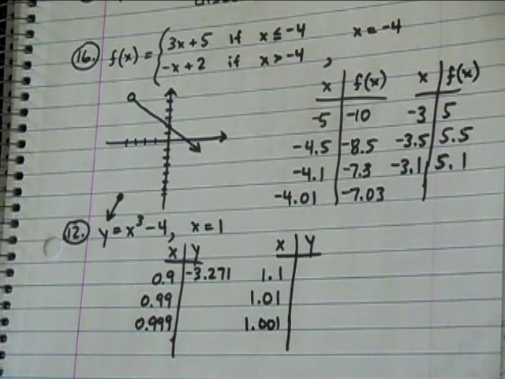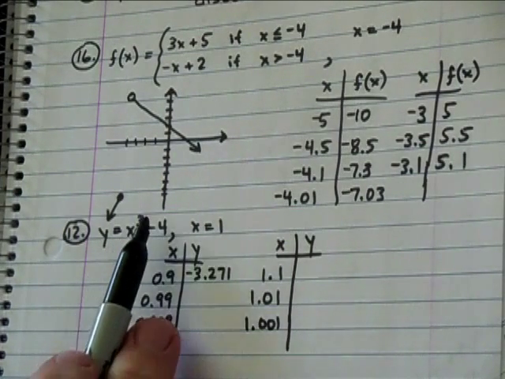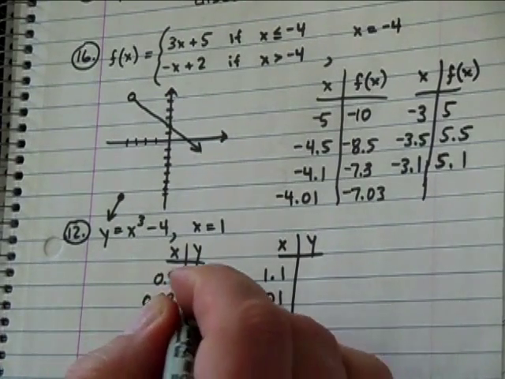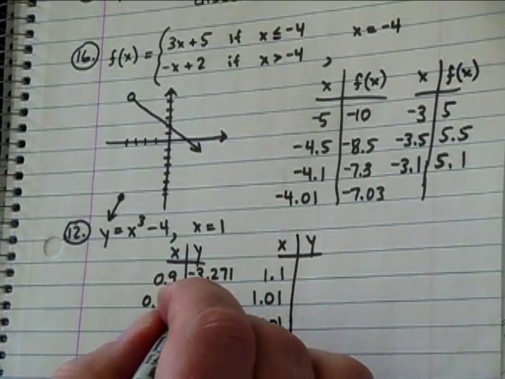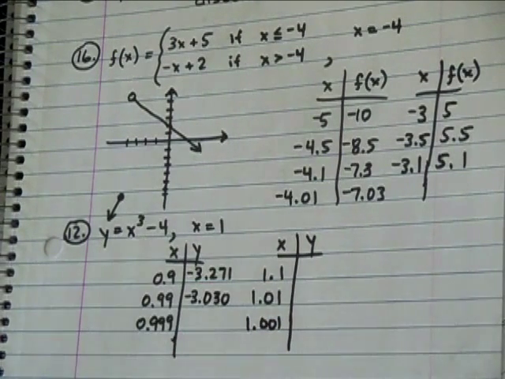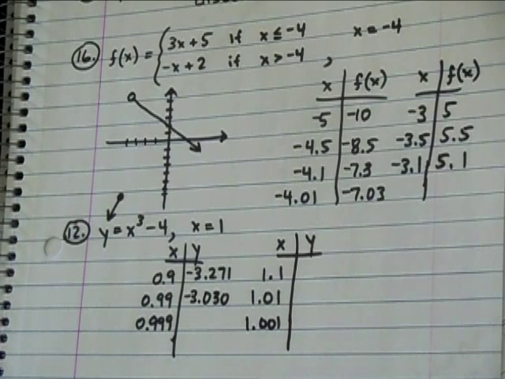All right, so then if you plug in 0.99 into this function and raise it to the third power and then subtract 4, I'm just going to round to 3 decimal places here, you would get negative 3.030. Finally, we also want to see what happens when we plug in 0.999 into this function, which means raising it to the third power and then subtracting 4.